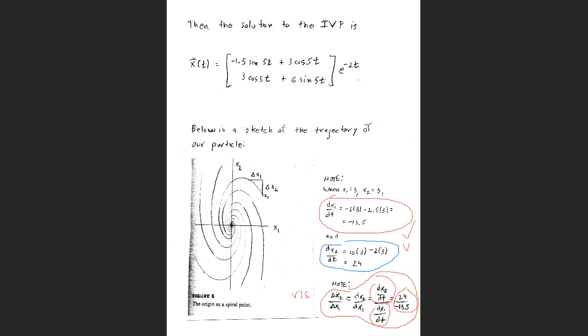Rise over run. You can never get away from it. Delta x2 here is a rise. Well, according to our information, that rise is positive. And then delta x1 here is a run, and according to our information, that run is a negative value, negative 13.5.